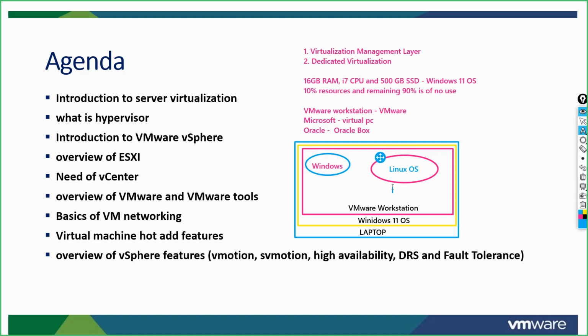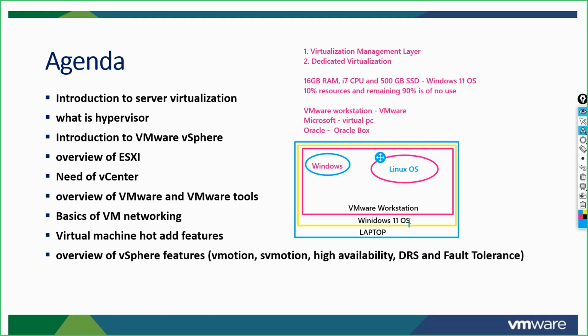So in management layer virtualization technique, your virtualization software, meaning your VMware Workstation software or your Virtual PC software or your Oracle VirtualBox software, whatever virtualization software you're using, is dependent on your host operating system, right? Windows 11 is a host operating system. Your laptop is having Windows 11 installed.